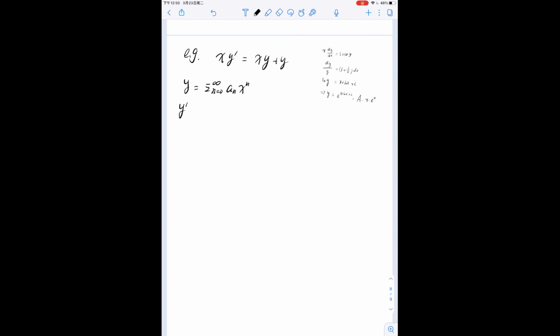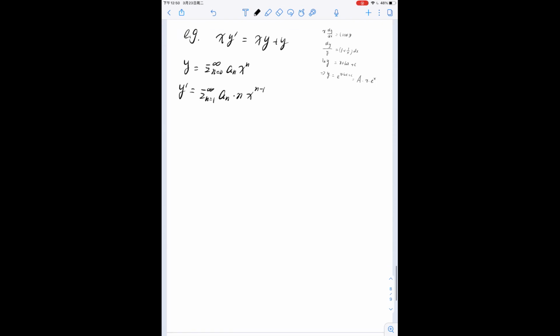Then y prime equals, with n equals 0 being a constant term whose derivative is cancelled, the sum of an times n times x to the power of n minus 1. So this is the derivative of y.